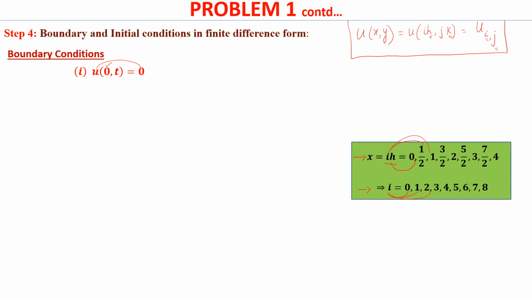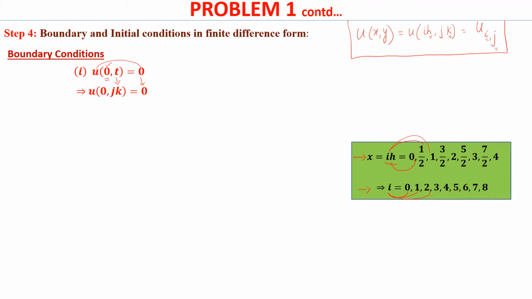When we want to convert an argument into a finite difference form, the first step is to replace x by IH and t by jk. There is no x here. Instead, x takes a value. So let's retain it as it is and rewrite t as jk. The right side is a constant, so the constant continues itself.